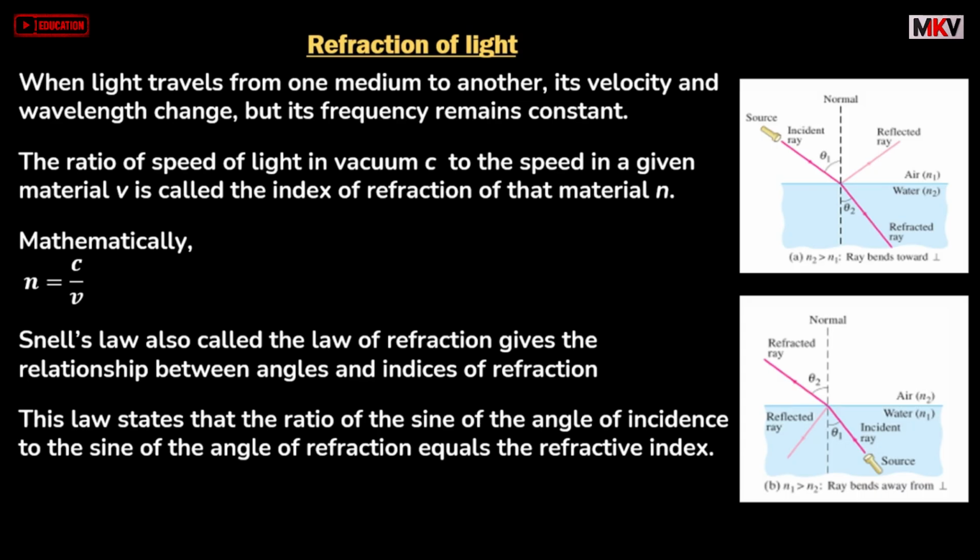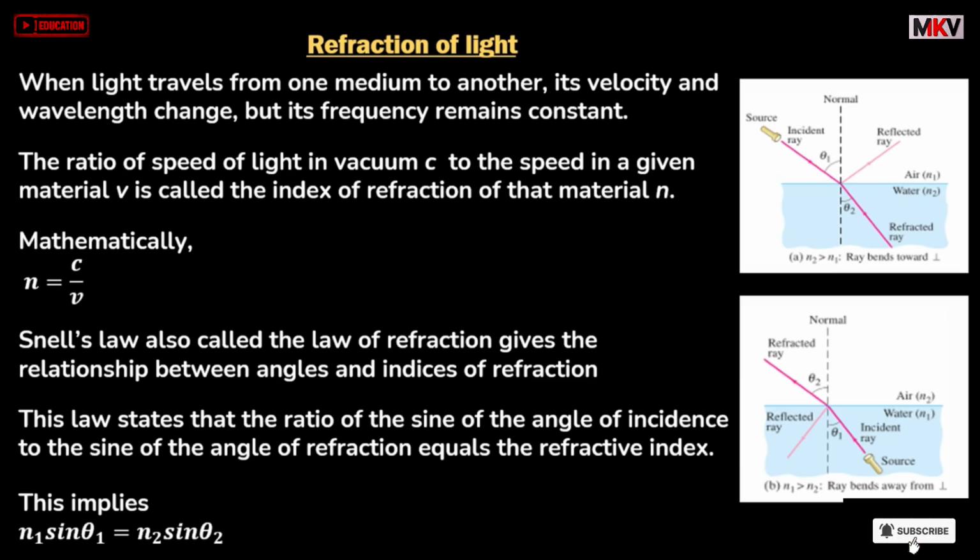And this refractive index can be expressed as the refractive index of the first media over the refractive index of the second media. So we can generate a relation for the angles and the refractive indices. This implies n1, the refractive index of the first media, times sine theta 1, the angle of incidence, is equal to n2, the refractive index of the second media, times sine theta 2, the angle of refraction.